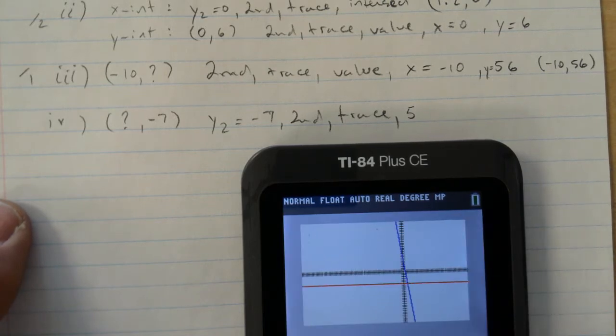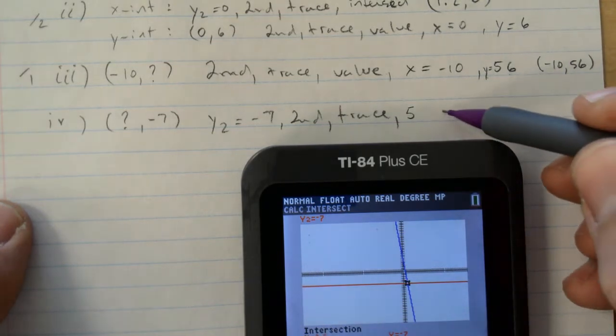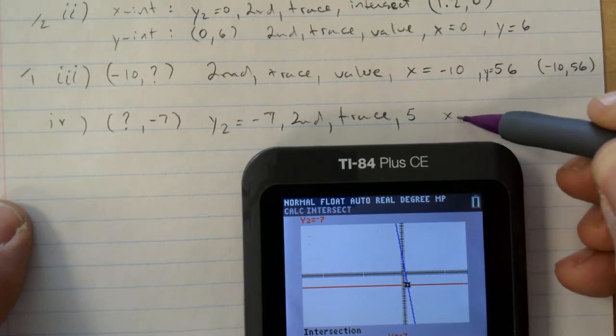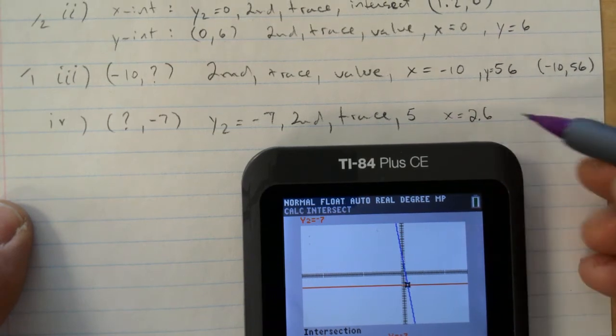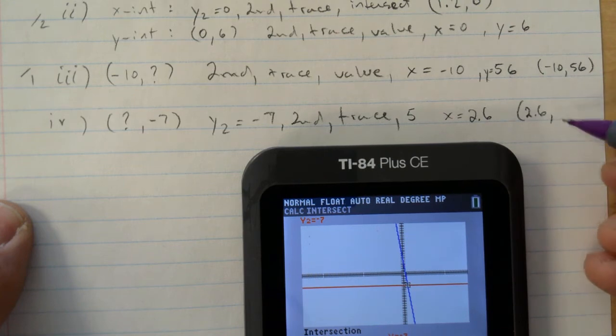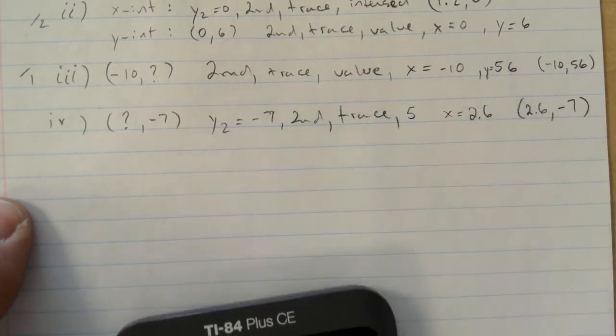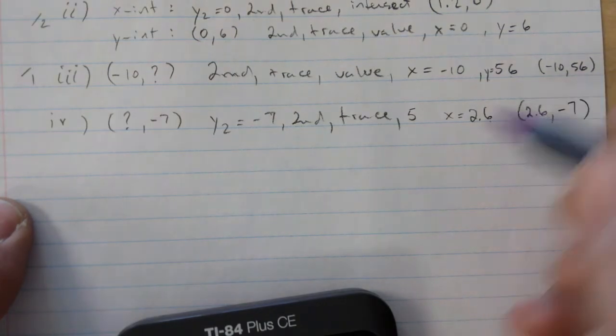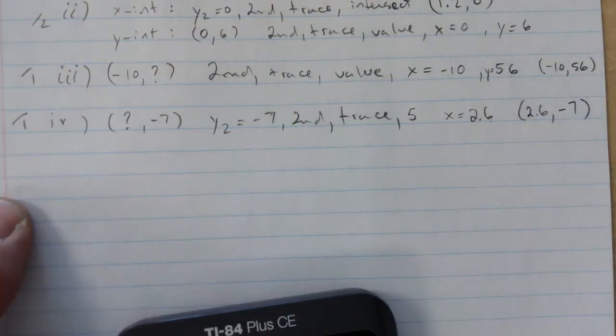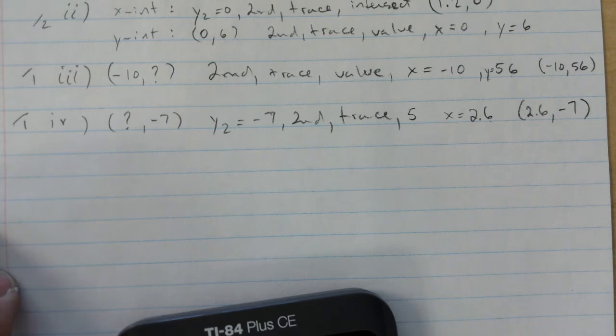There it is, and then you find the intersection of those two. Enter, enter, enter. So it's 2.6, -7. So x is equal to 2.6. So the point that you just found is 2.6, -7. I'm okay with the 2.6 there. That's all I need to see. And so you get 1 there.